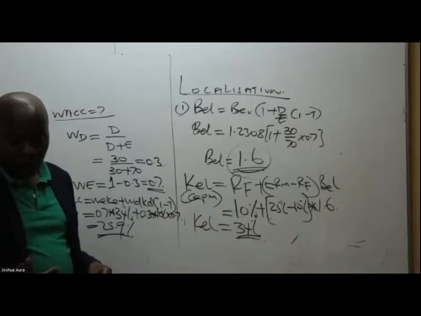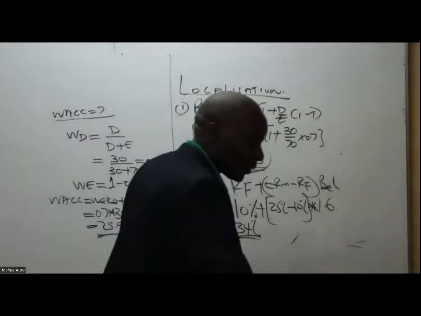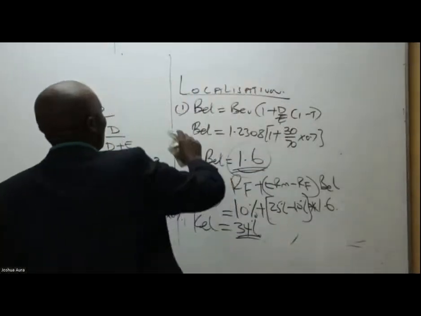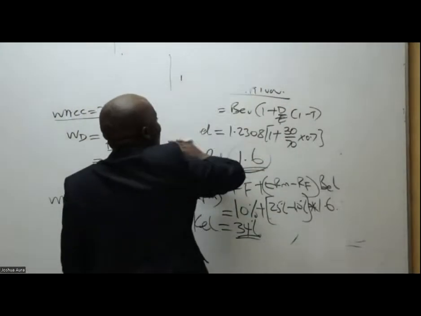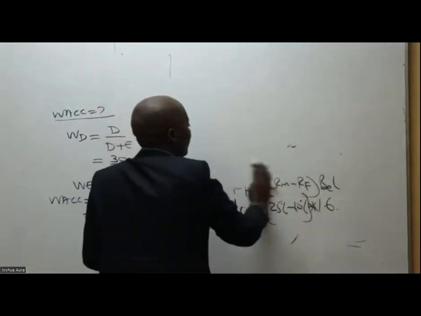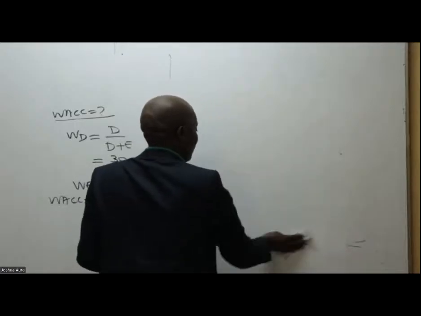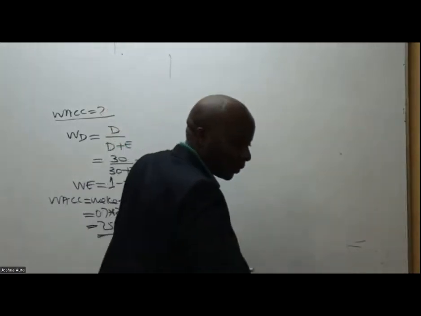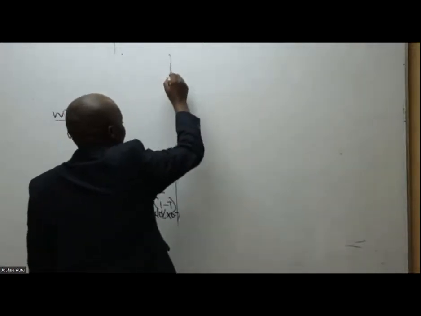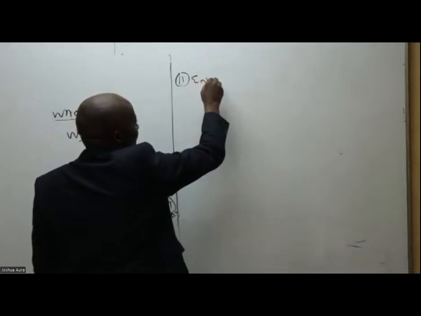The second bit is very easy. It is entirely equity, so there is no working really.